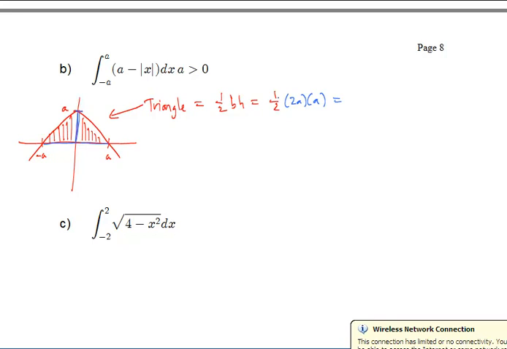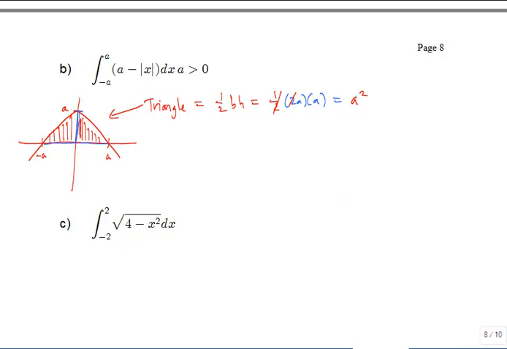So when I do that multiplication, the 2's cancel, and a times a is a squared. A second option would be to just find the area of one of these triangles, 1/2 base times height, so 1/2 a times a, and then there's two of them to make the full area, so when you double that, that 1/2 cancels out. So no matter how you do it, you're going to get that this area is just a squared.